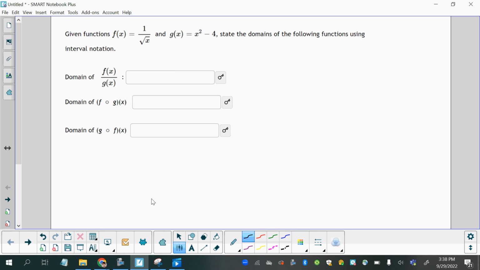So to find f of x divided by g of x, we could take f of x divided by g of x, literally. So the f of x function is 1 over the square root of x, and the g of x function is x squared minus 4.